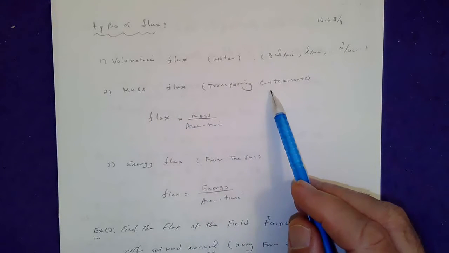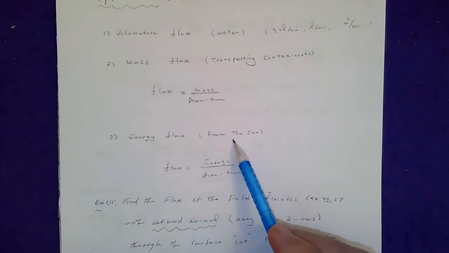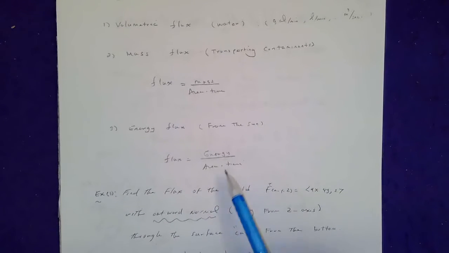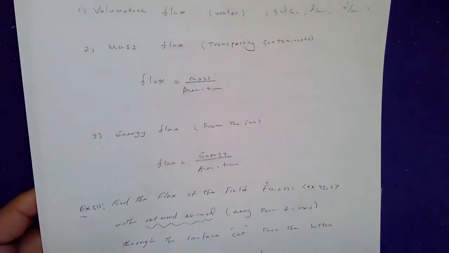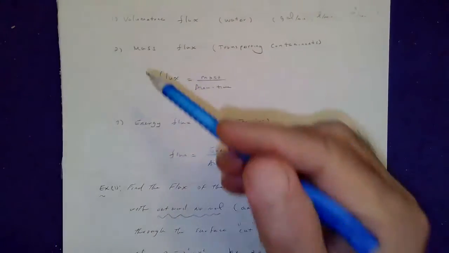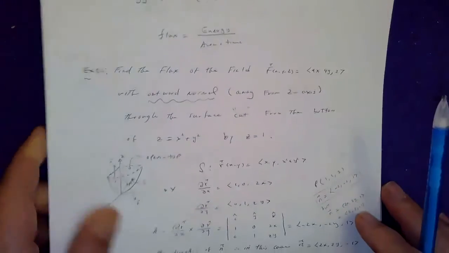That's like transporting contaminants, which is mass divided by area times time. Energy flux, that's like energy from the sun, which is energy divided by area times time, and so on and so forth. So those are types of fluxes we're talking about. In our class, we will be talking about volumetric fluxes. Okay, so here it goes.